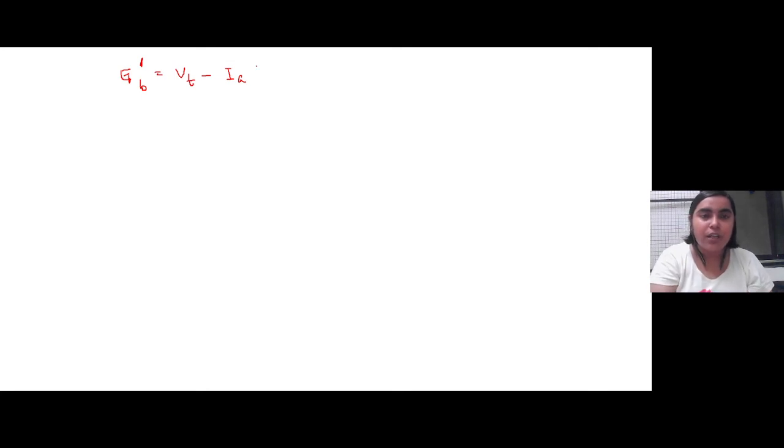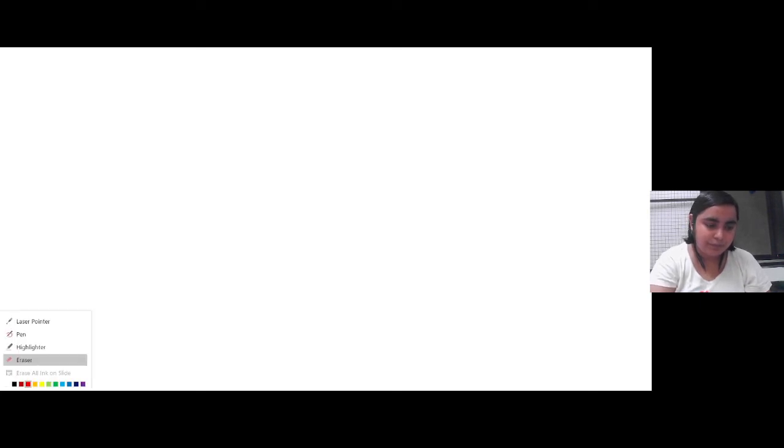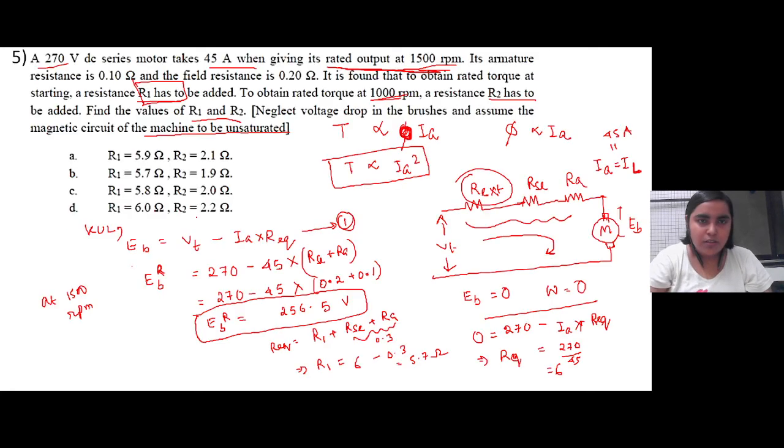Since we do not know the value of R equivalent, let us not use this equation. For the first case, we have the value of EB, right?